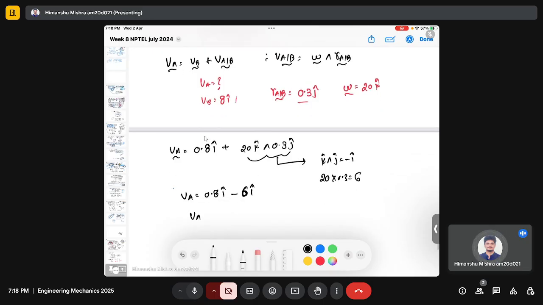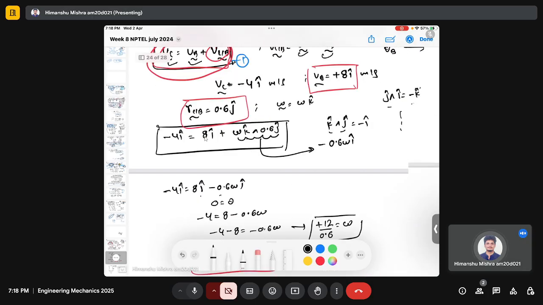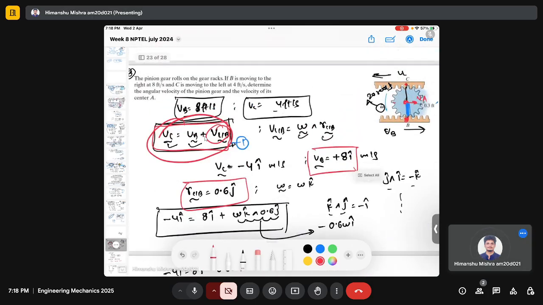So VA will be minus 2 in the x direction, and this minus sign means it is going toward the left hand side direction. So this is the direction of VA.